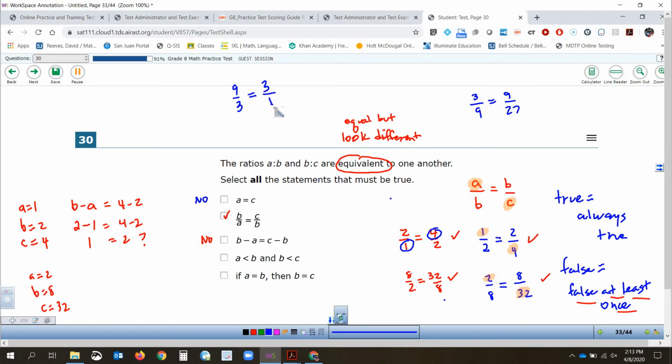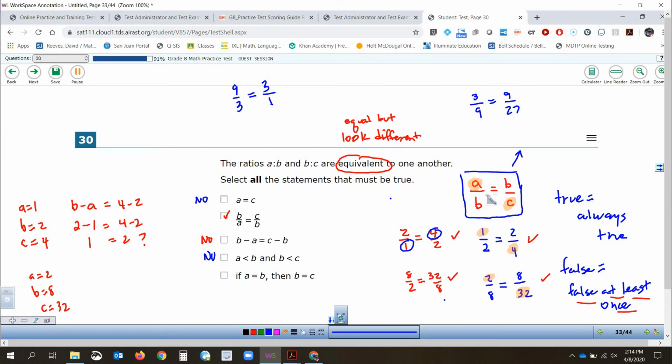A over B equals B over C, but A is not less than B, and B is not less than C. So this one is a no. All right, last one. If A equals B, then B equals C. So we can't use our examples that we came up with.